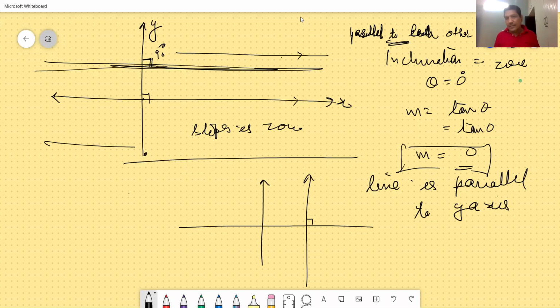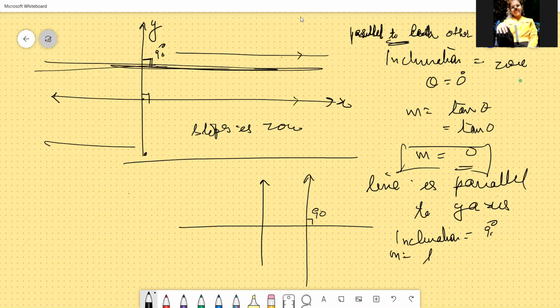बताइए इस लाइन का इंक्लिनेशन कितना होगा? 90 degree. और इसका स्लोप कितना होगा? Not defined.